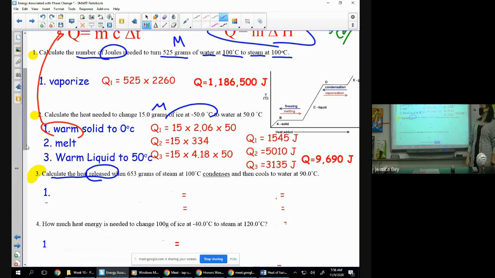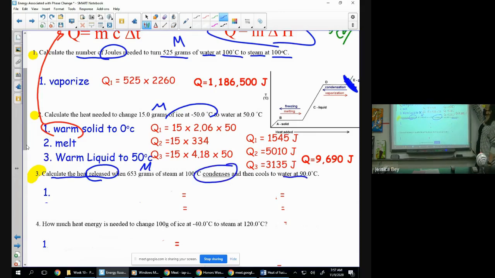So calculate the heat energy released when 635 grams, oh, that's my M, of steam at 100. So be very careful. I am over here and I am gas at 100. So I'm at that flat line right over there. It's going to condense and then cool to water at 90 degrees.